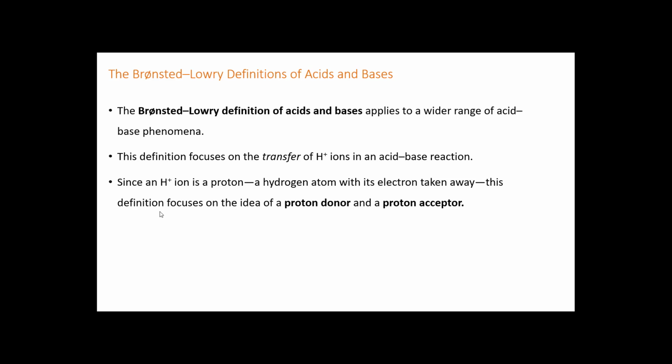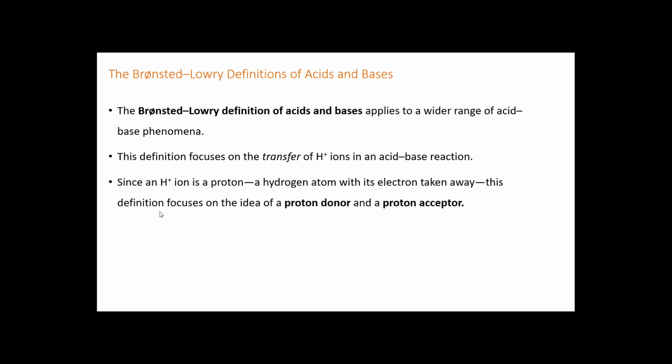It follows the proton from where it left to where it goes and how it affects those compounds. Since a hydrogen ion is a proton, remember, this proton does not have an electron with it. The idea behind Bronsted-Lowry definitions is that we have a proton donor and a proton acceptor now, and that's how we look at it.